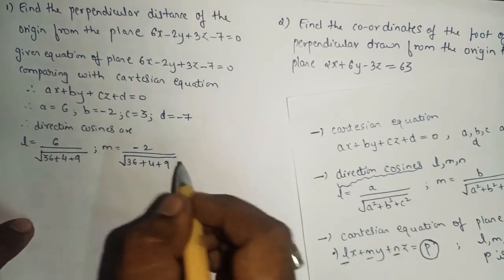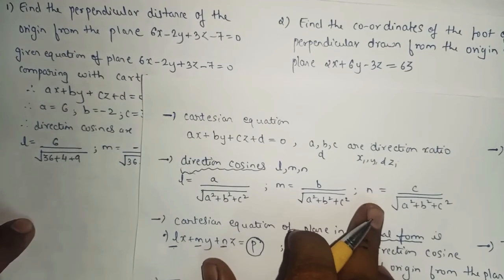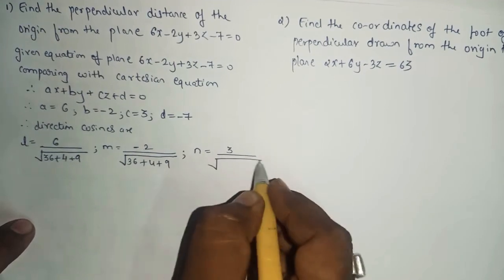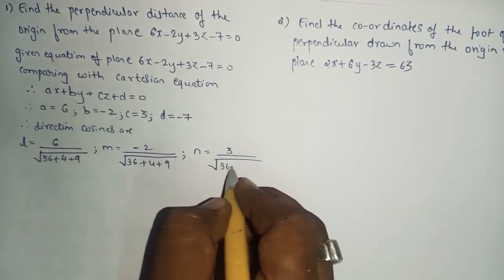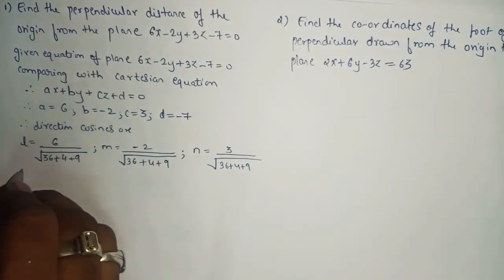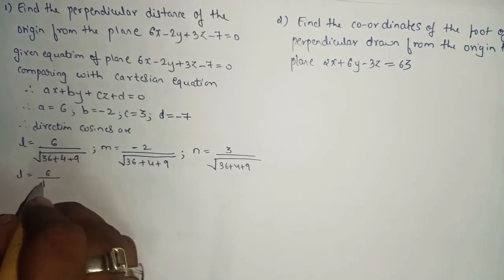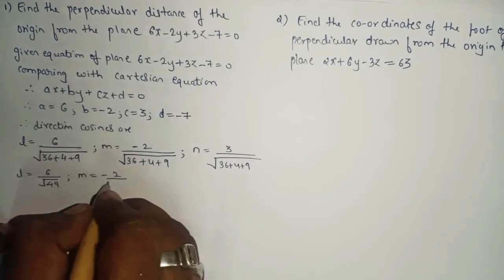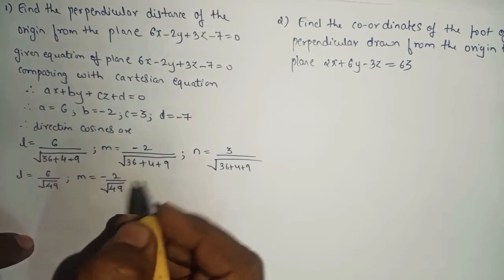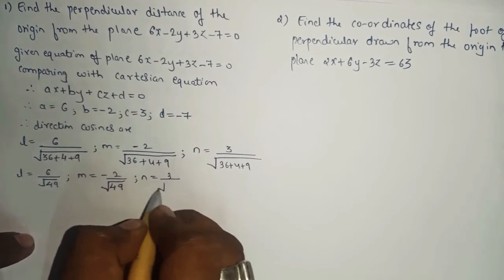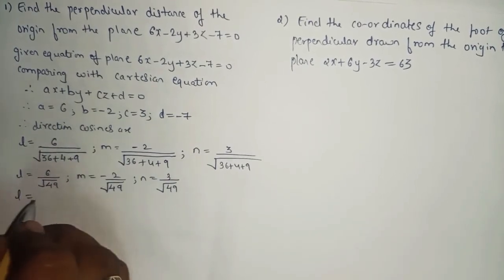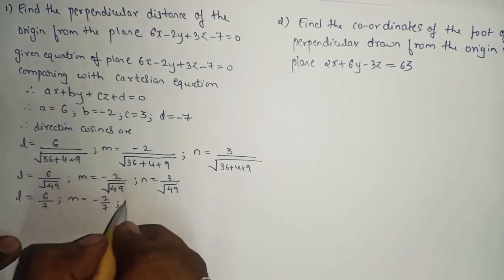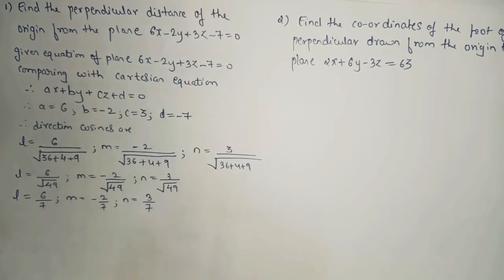And the last one, n equals c upon the same, square root of 36 plus 4 plus 9. Therefore l equals 6 upon square root of 49, m equals minus 2 upon square root of 49, n equals 3 upon square root of 49. So l equals 6 upon 7, m equals minus 2 upon 7, and n equals 3 upon 7.